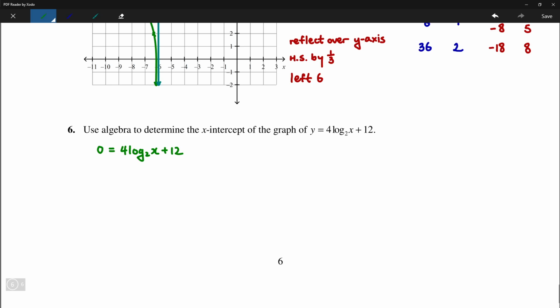So if we subtract 12 and divide by 3 on both sides, we get negative 4 is equal to log base 2 of x. We can rewrite this in exponential form, so 2 to the negative 4 power is equal to x. And so x is going to be equal to 1 over 16 as the x-intercept. And that's it.